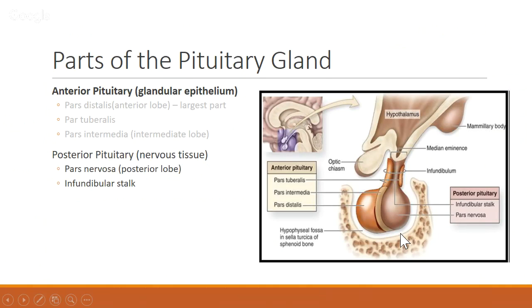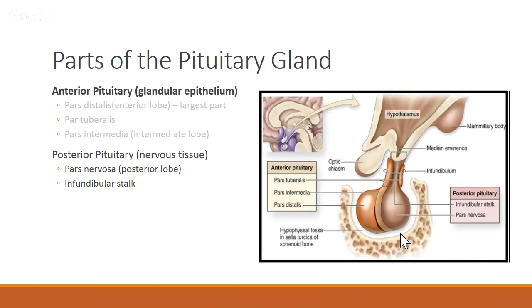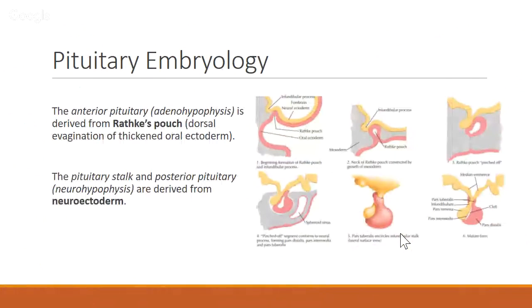The anterior pituitary is derived from Rathke's pouch, which is oral ectoderm. This is important to memorize just for buzzwords for exams. And the posterior pituitary is derived from neuroectoderm, and you can see this in the name. The alternative name for the posterior pituitary is the neurohypophysis. So neuro, and hypophysis means pituitary. So neurohypophysis, therefore neuroectoderm.